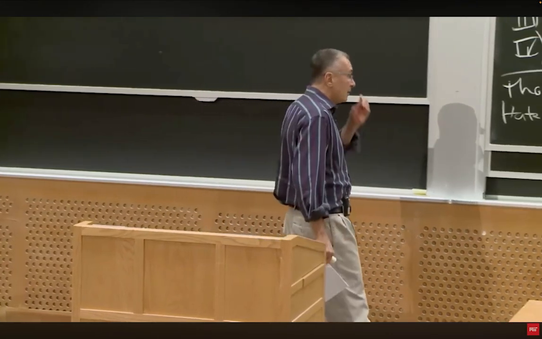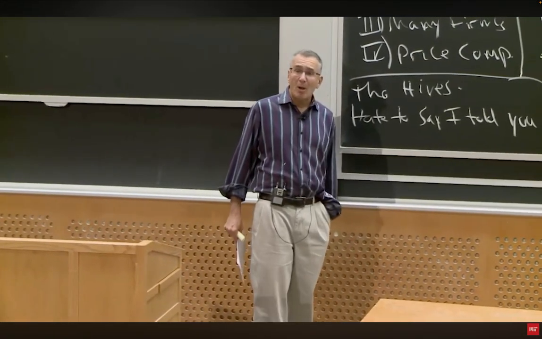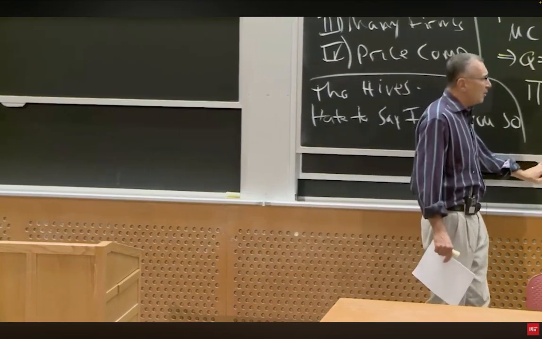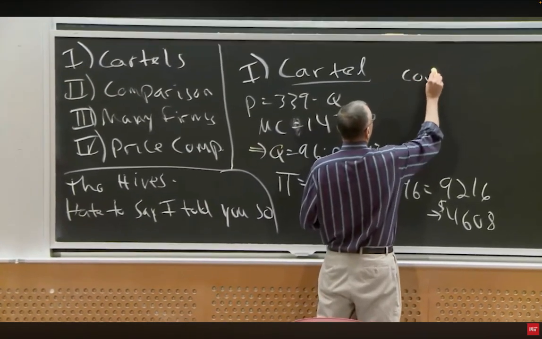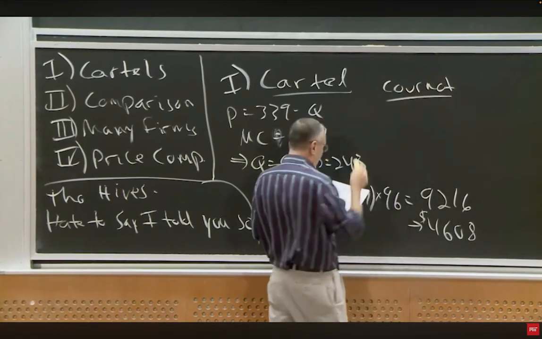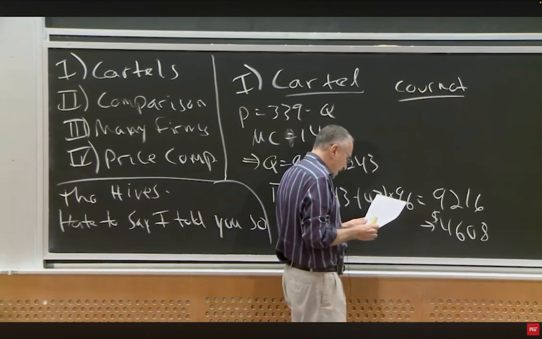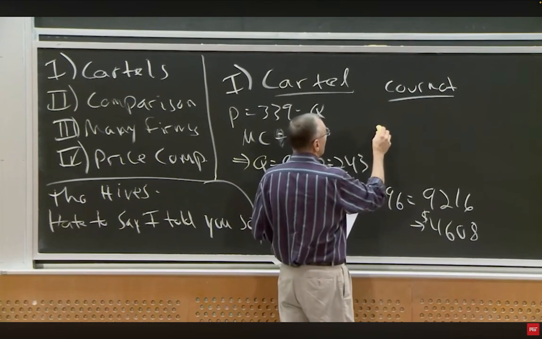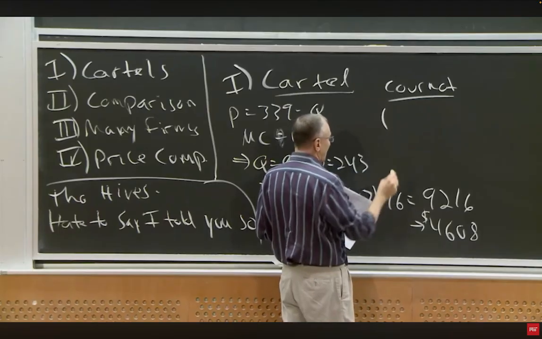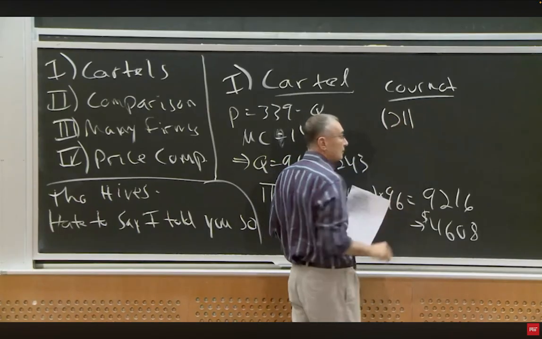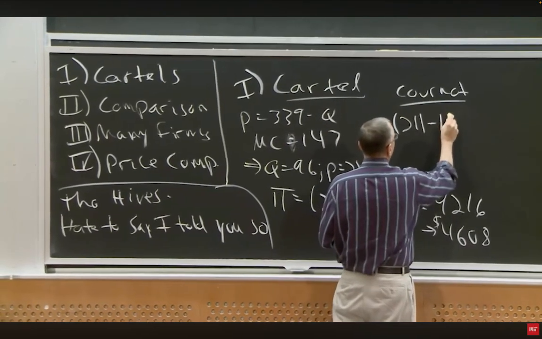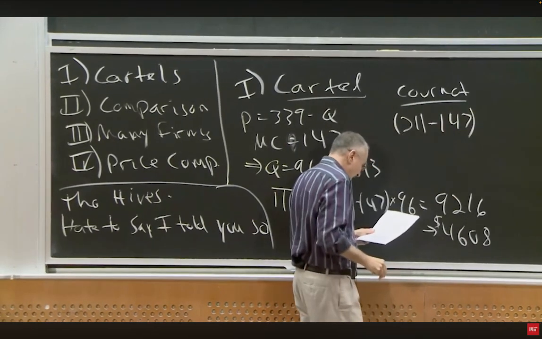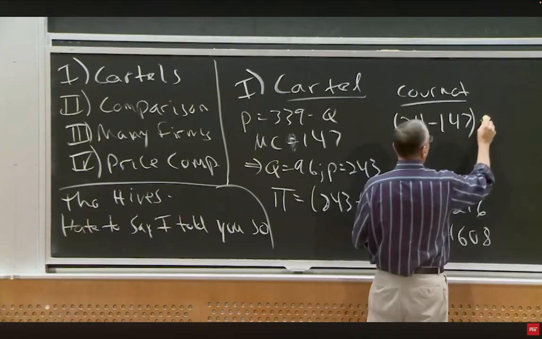Compare that to the profits each firm makes in the Cournot equilibrium. As we solved last time, under Cournot, the price was $211. Minus 147 was their profit per unit, and they each did 64 flights.